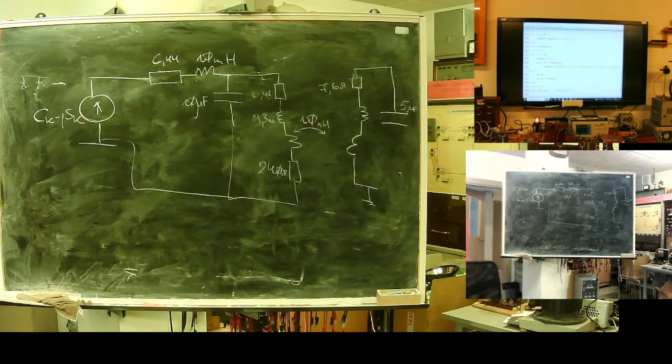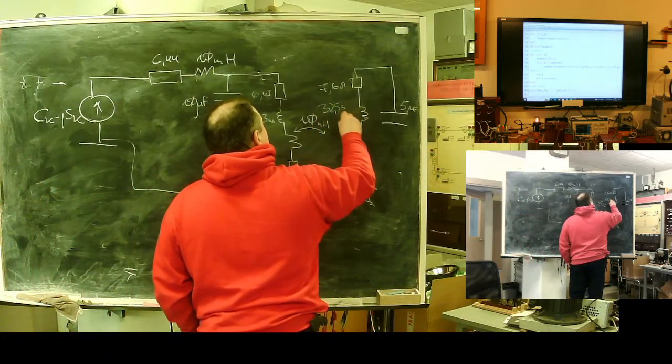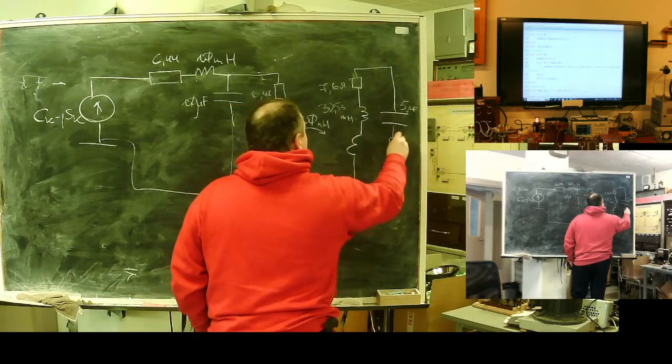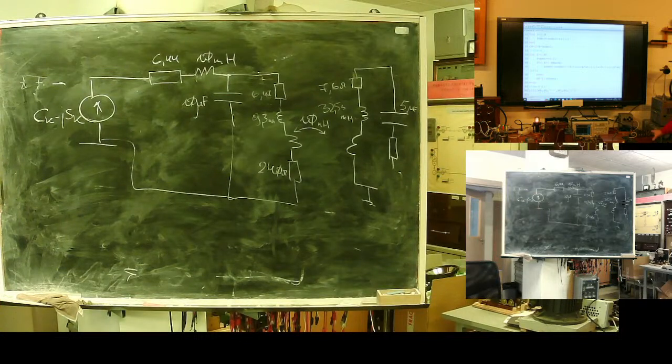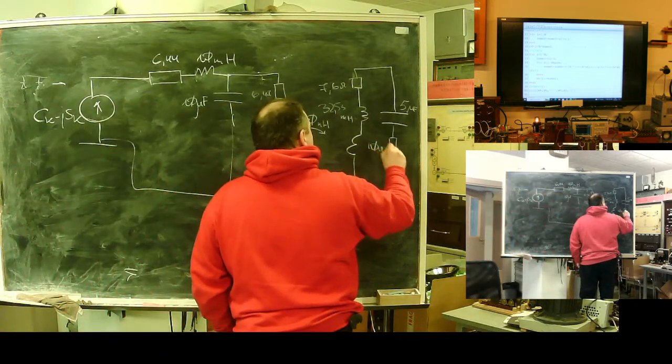Inductance of the secondary part is 253 millihenry, and also I put a resistor in series. This one nice resistor of 10 ohms. Why? Okay, I have 10 ohms here.